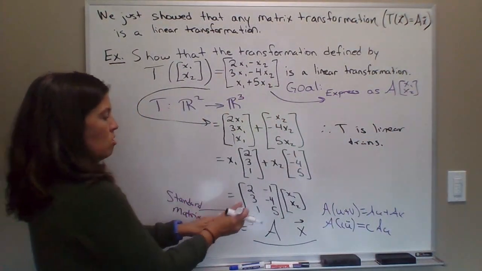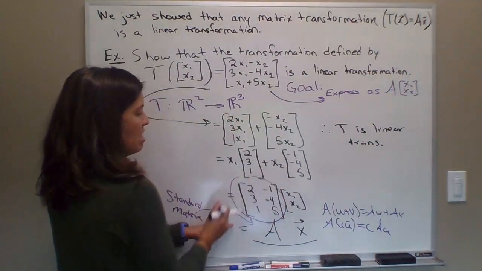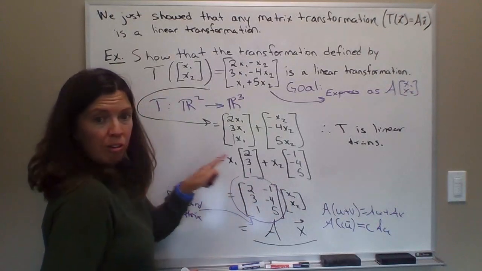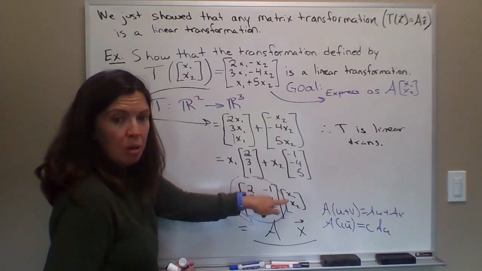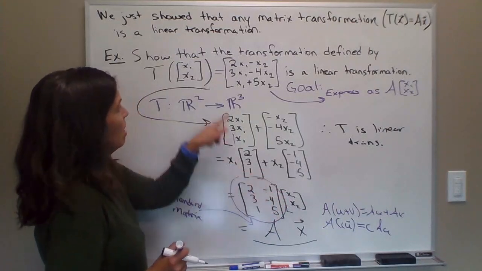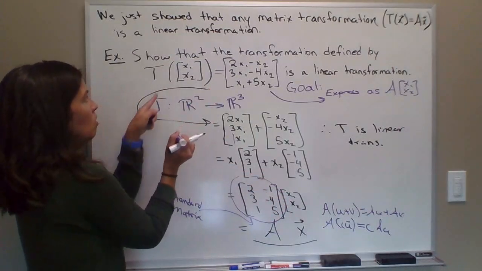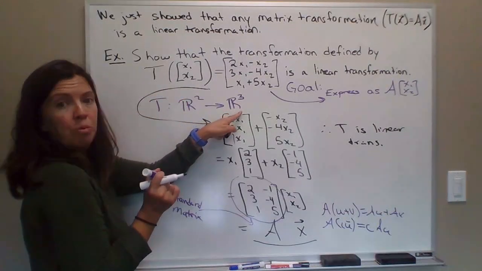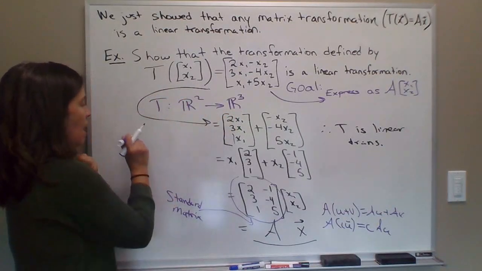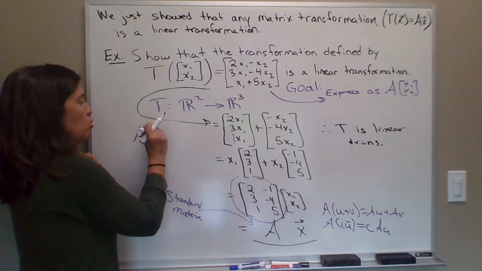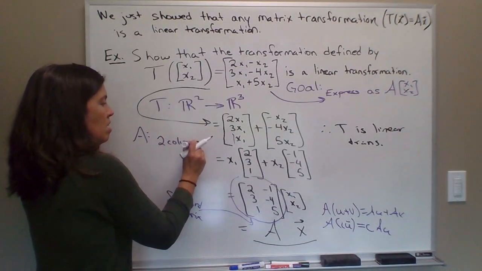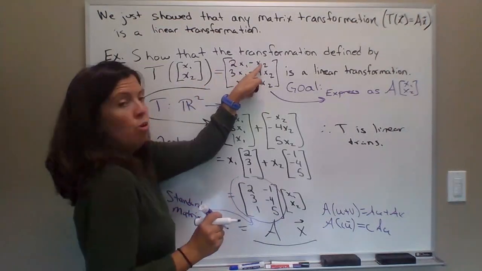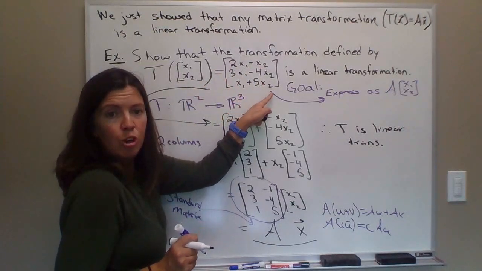And then I knew there was one more thing I wanted to say. Just note the dimensions of the matrix A. The number of columns of the standard matrix should match the number of entries in your input vector x. So because this is a transformation from R2 to R3, A is going to have 2 columns, and the number of rows should match the size of your output vector.